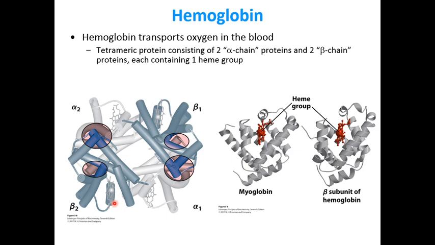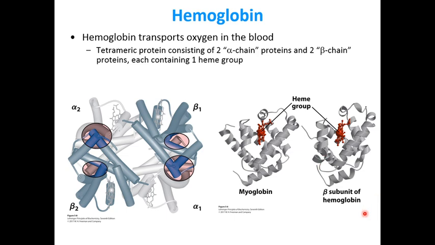Now, although fewer than half of the amino acid residues are identical in the polypeptide sequence of the alpha and beta subunits, the three-dimensional structure of the two types of subunit, alpha and beta, are very similar. Also, the structures are very similar to that of myoglobin.